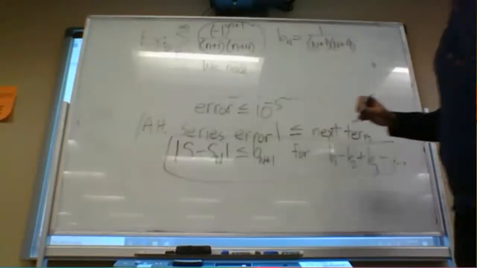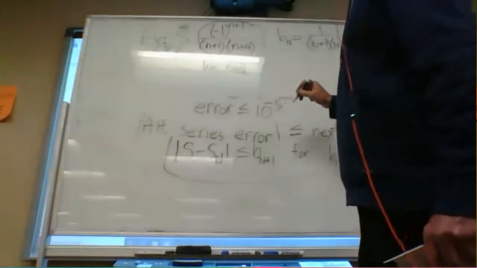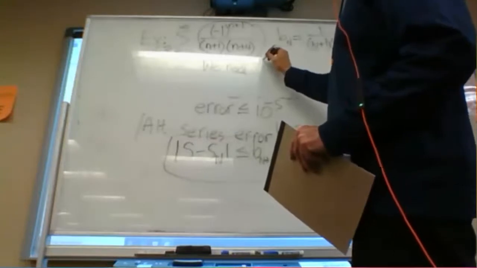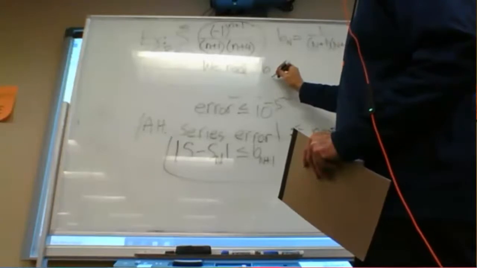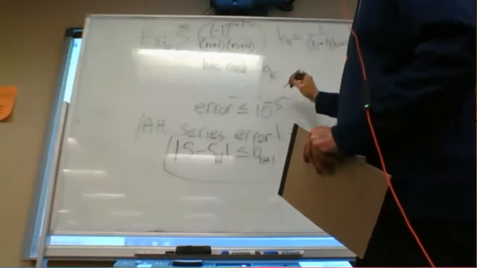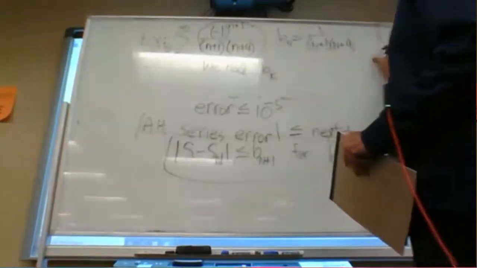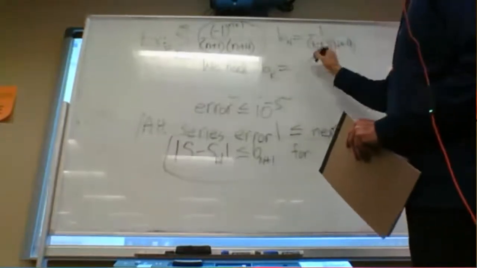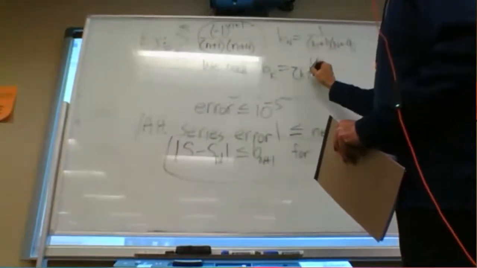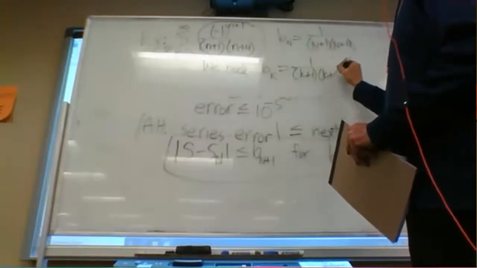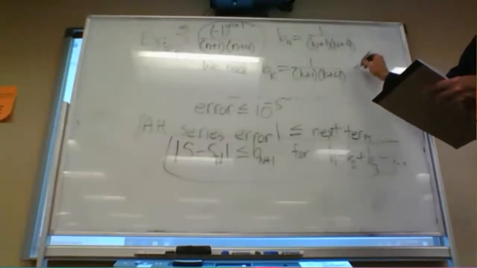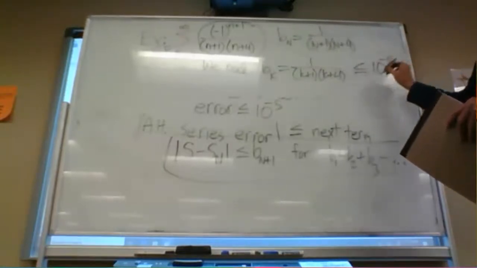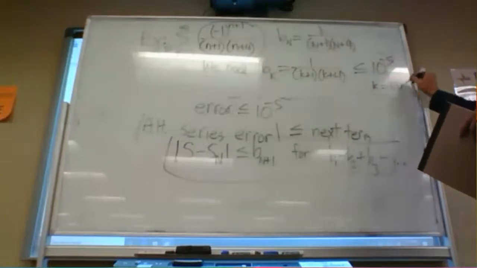Now, when will the nth term be less than 10 to the minus 5? Let k equal n plus 1. If Bn is this, then Bk is 1 over (k plus 1)(k plus 4), less than or equal to 10 to the minus 5, with k equal to n plus 1.